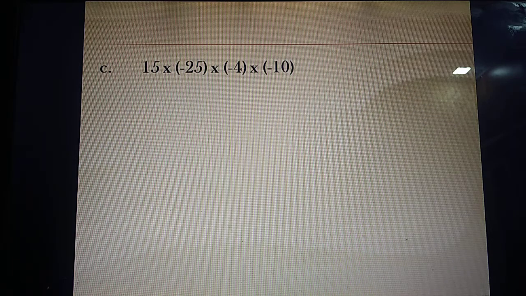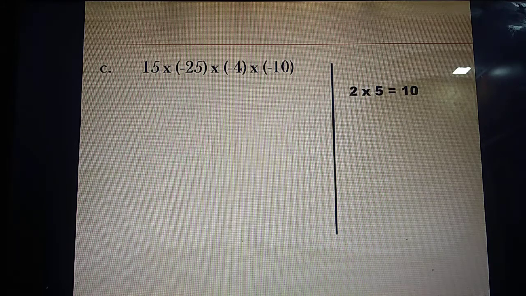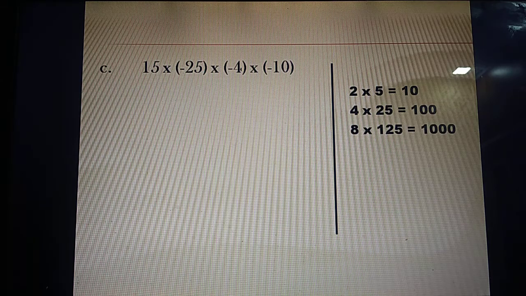Moving to the third sum, again there is no plus or minus sign, which means this is a single term you are supposed to solve. So again first you will do a suitable rearrangement. You will find a pair which will give you a multiple of 10. Again just recall all the pairs. 2 into 5 equals 10, 4 into 25 equals 100, 8 into 125 equals 1000, 16 into 625 equals 10,000.